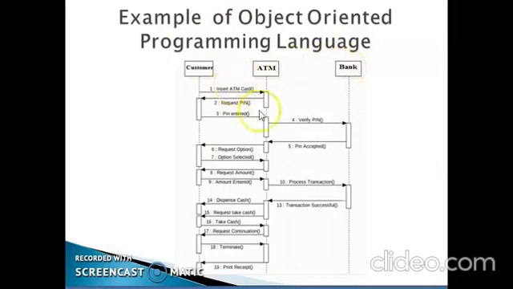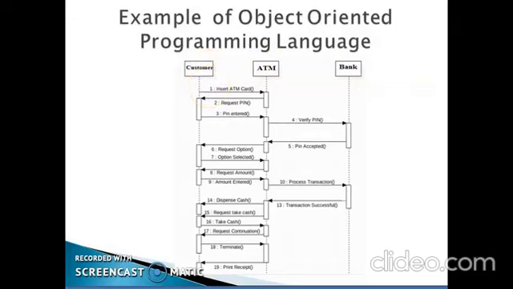Once we identified the objects, we also found the sequence of interaction between these objects. We also mentioned the data members and member functions involved with respect to each object. So this is how we solve a problem using the object-oriented approach.